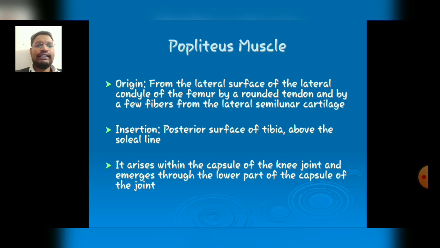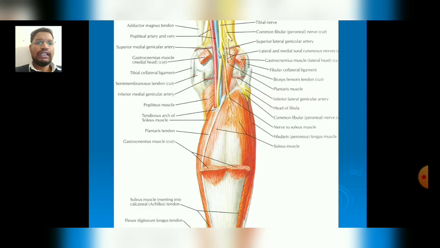It is inserted on the posterior surface of the tibia above the soleal line. As it arises within the capsule of the knee joint, it emerges through the lower part of the capsule of the joint. This popliteus muscle is shown in the given diagram.